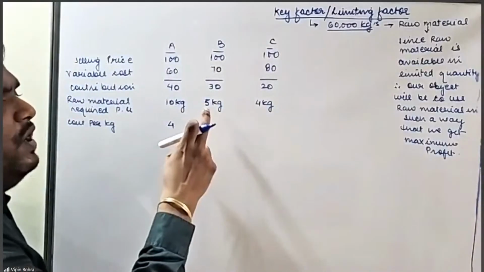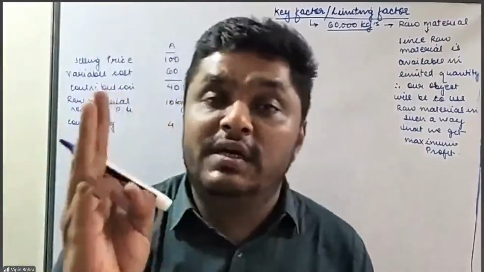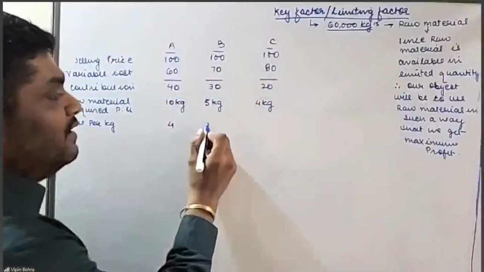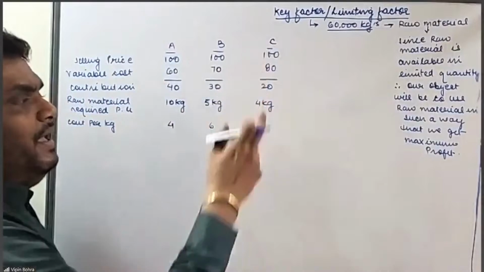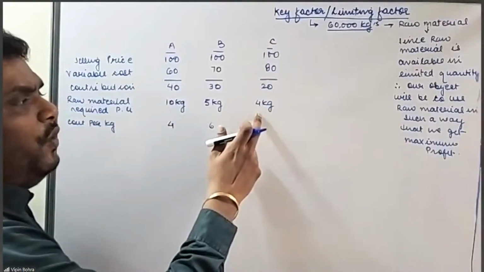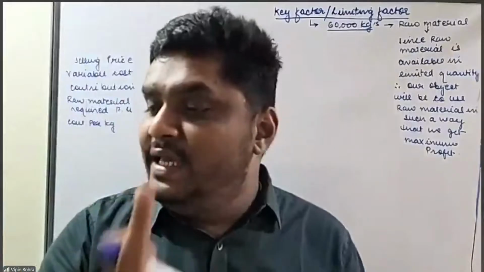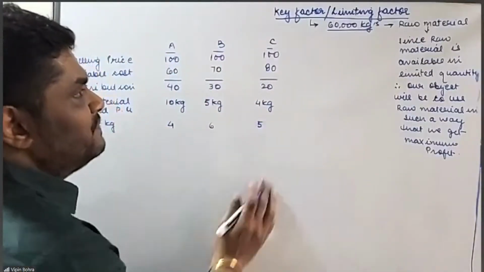Similarly, herein also, after using 5 kgs, we are earning 30 rupees. So for every kg, 6 rupees. Again, herein after using 4 kgs, we are earning 20 rupees. So for every kg, 5 rupees.